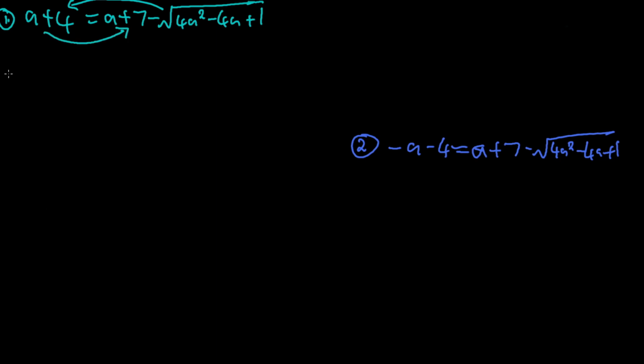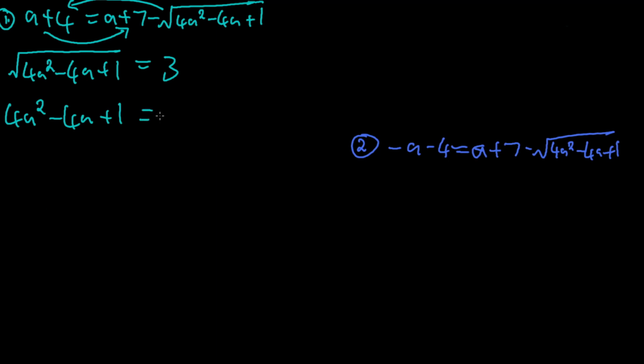So that ends up being the square root of 4a squared minus 4a plus 1 is equal to a minus a, which is 0a, so you cancel it out, and 7 minus 4 is 3. So then this is what you get after that. Then you square both sides to get rid of the square root, because you don't want that. And then you get 4a squared minus 4a plus 1 is equal to 9.